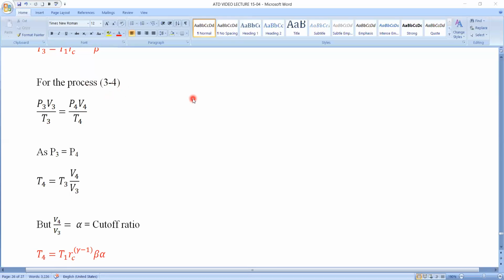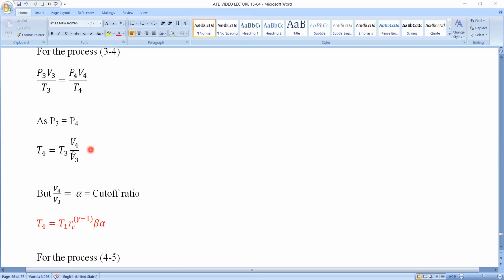So that you can refer to it frequently whenever required. Now P3 V3 by T3 equals P4 V4 by T4. Since P3 is equal to P4, cancel these two terms. Now do the cross multiplication: T4 equals T3 into V4 by V3.